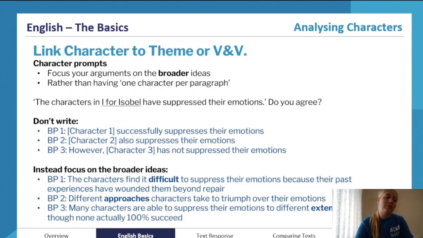Now, as part of this, of course, having a chat about character prompts, you can get these in comparing texts, and you can get these in text response. But we're talking about it more in the context of text response. You need to focus your arguments on the broader ideas. Don't focus them on the characters. We don't want to see one character discussed per paragraph. Even if the character prompt mentions the name of a specific character, think about how they are perceived by other characters.